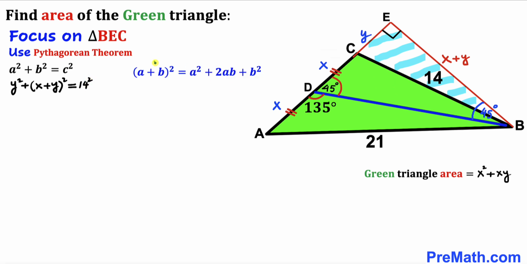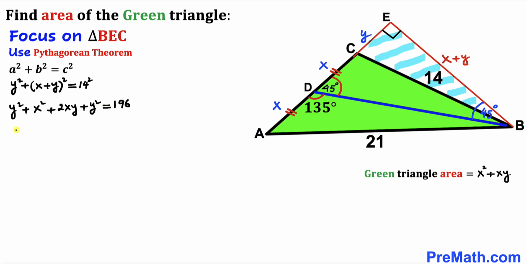Now let's recall this famous identity: A plus B whole square can be written as A square plus 2AB plus B square. We are going to apply it on this binomial. Our left hand side is going to be Y square plus X square plus 2 times XY plus Y square equals 196.